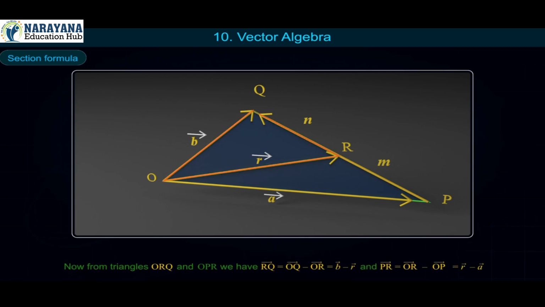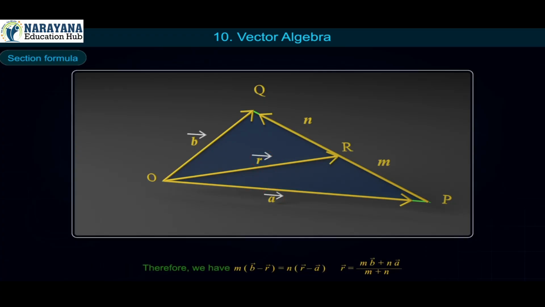Now from triangles ORQ and OPR, we have vector RQ is equal to vector OQ minus vector OR, which is equal to vector b minus vector r, and vector PR is equal to vector OR minus vector OP, which is equal to vector r minus vector a.